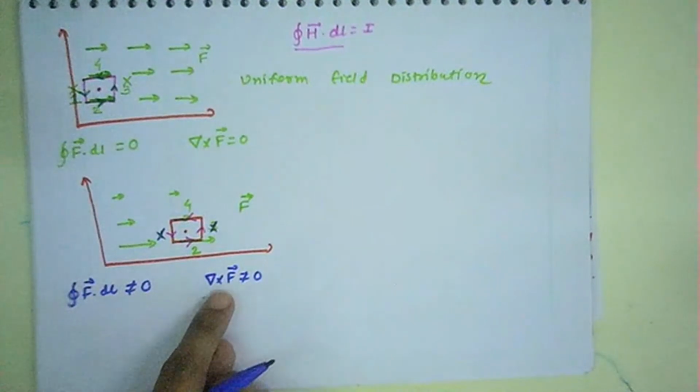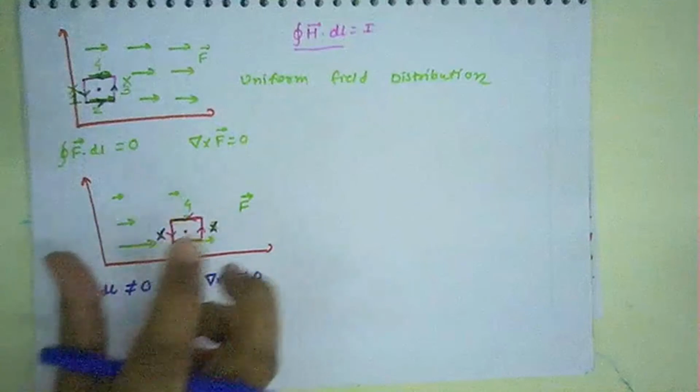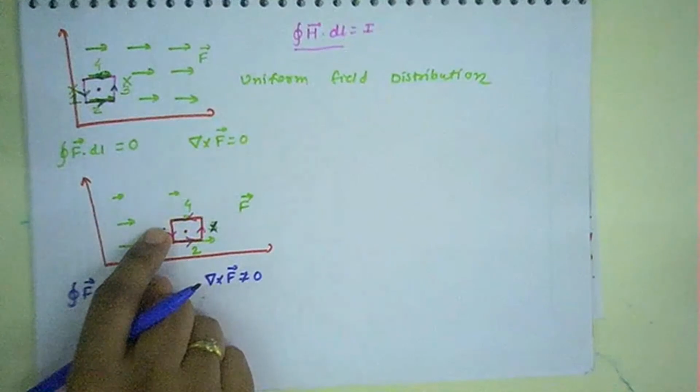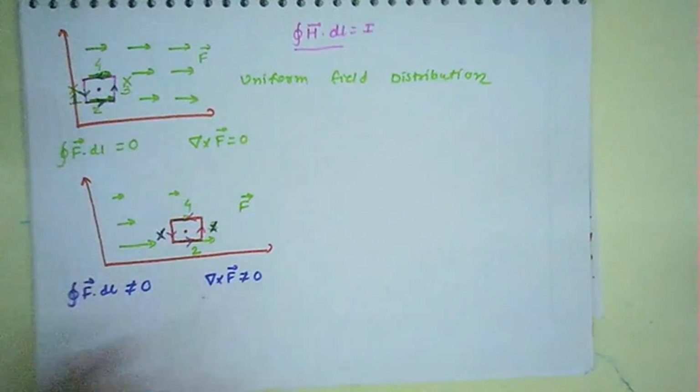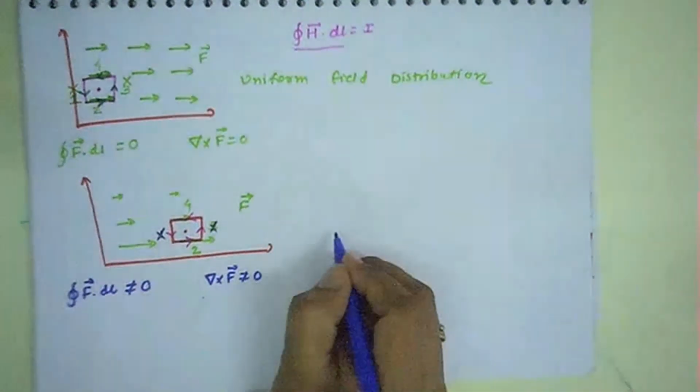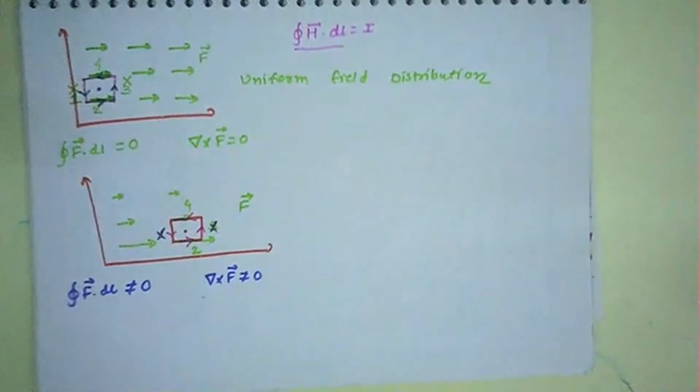If it is not 0, then we will get a certain value of this curl, and that means the curl is non-zero. Again, if we want to find out the direction, then we have to follow the right hand thumb rule. So this is about the curl of the vector.